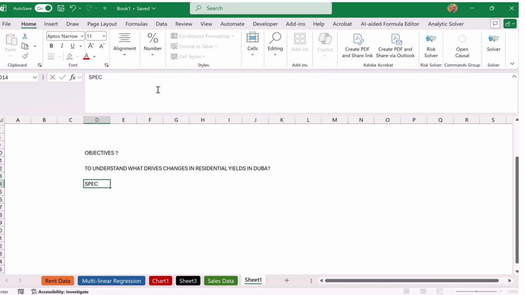And specifically, we want to test whether yields are driven more by property prices or interest rates.